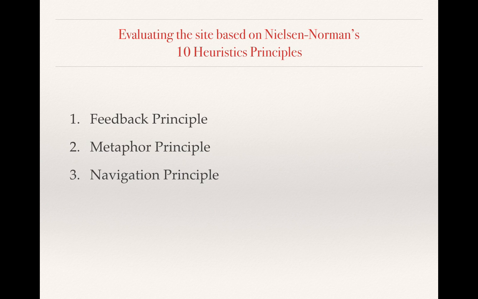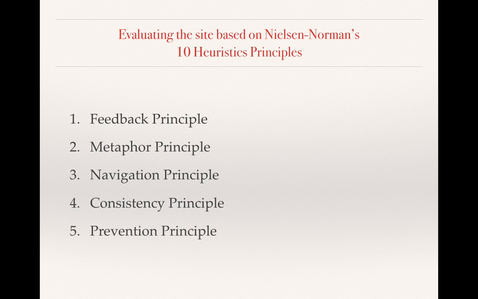Consistency principle is seeing if everything on the site in terms of colors and vocabulary is consistent throughout the whole site. Prevention principle meaning, does the site help prevent making errors?